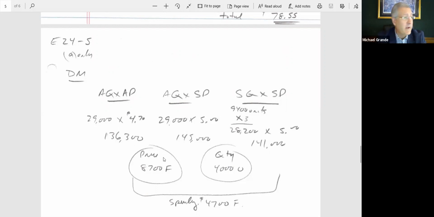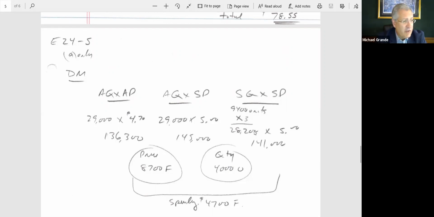Let's look at it another way. The standard was $5 per unit. They actually paid $4.70 per unit, 30-cent savings per unit, times 29,000 units, $8,700 favorable variance. So they did a good job purchasing. That's what that means.